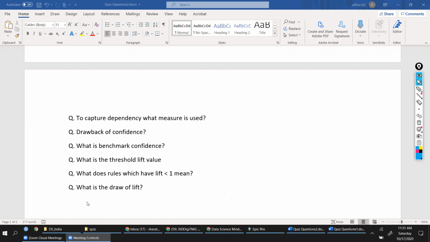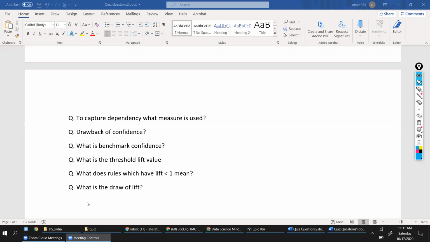So the problem with the lift is it just takes the ratio between two products, the ratio of dependency versus independency, right? And when we are checking combinations, antecedent and consequent can be swapped.